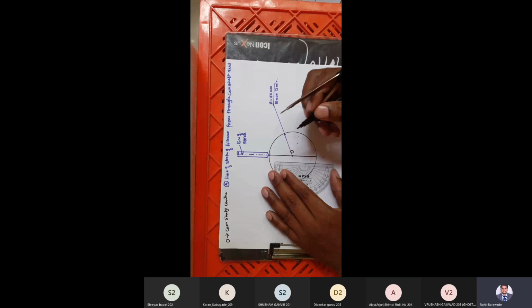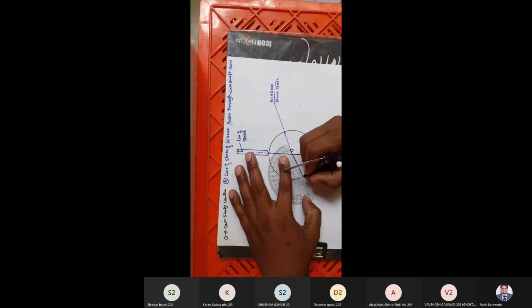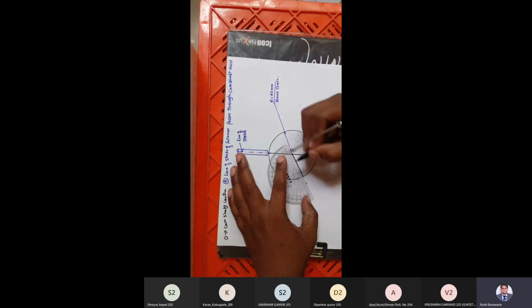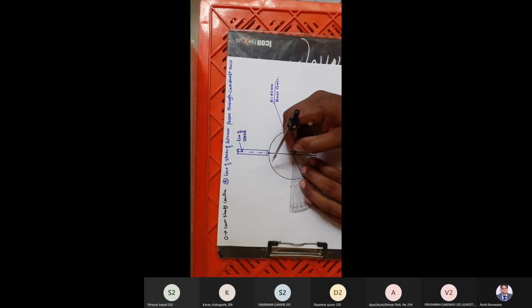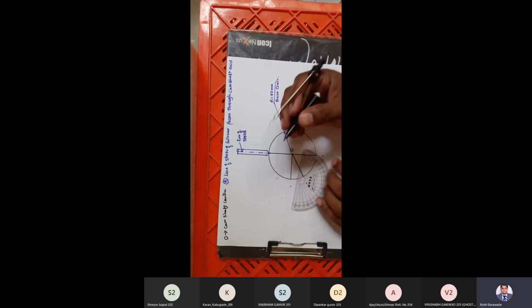Then this line. So this period is 30 degree, right? And this whole period represents 180 degree.